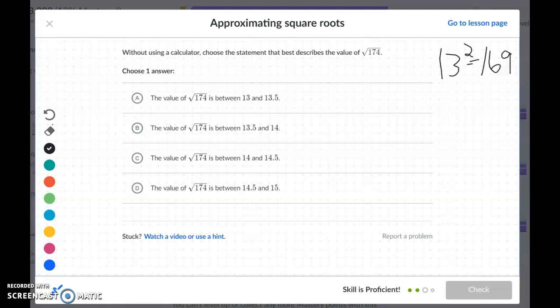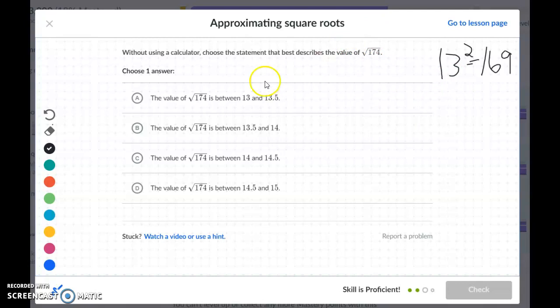The reason this is so important is that the square root of 174 is just right above the square root of 169. So if the square root of 169 is 13, then the answer must be a little bit more than 13.